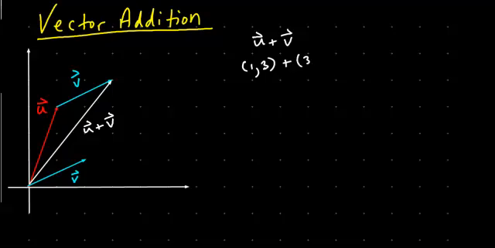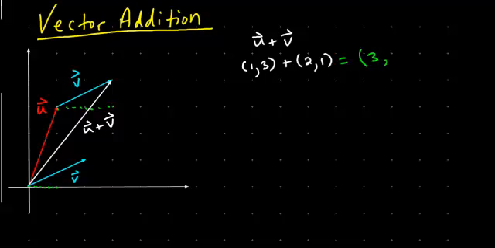Okay, and if you look at it here, for vector v in the x direction, I go over 2, and then for vector u we go over 1. So in my x direction, you simply add those coordinates, 3.